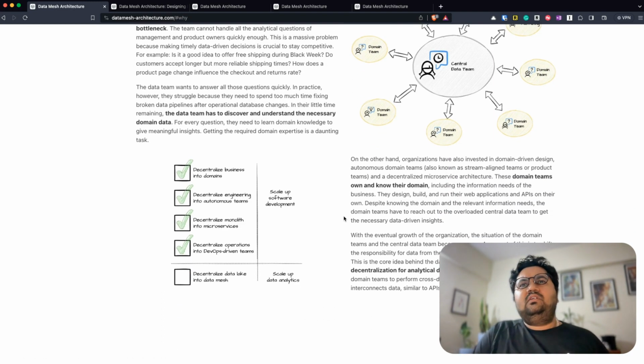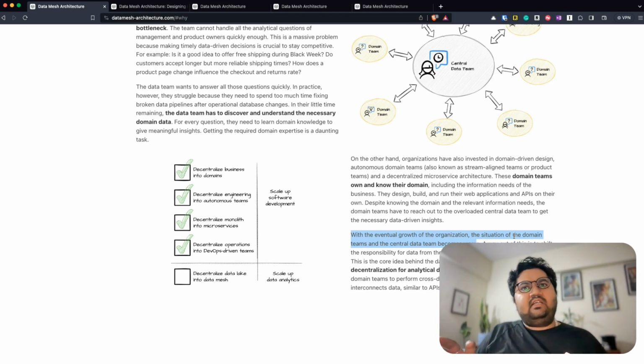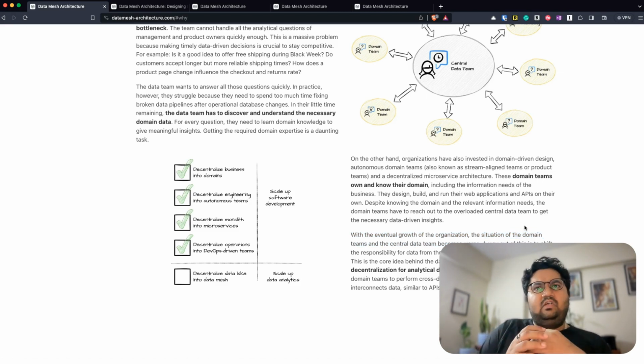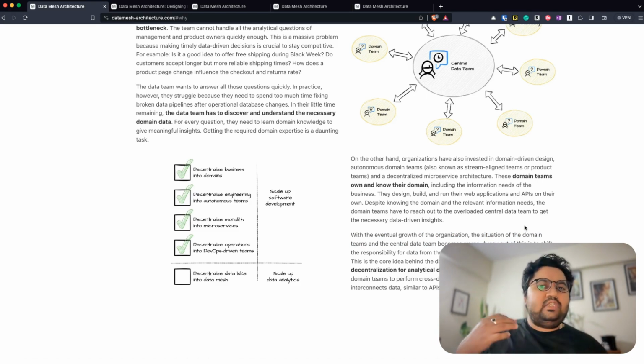So that's the challenge that we are facing. And this is a very good line, right? With the eventual growth of the organization, the situation of the domain teams and central data teams becomes much worse. And the way out of this is to move to a domain oriented decentralization of data, which is what mesh architecture talks about.